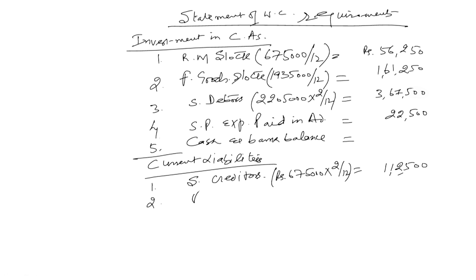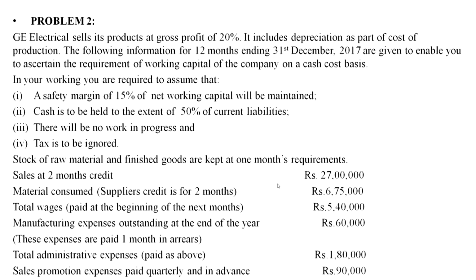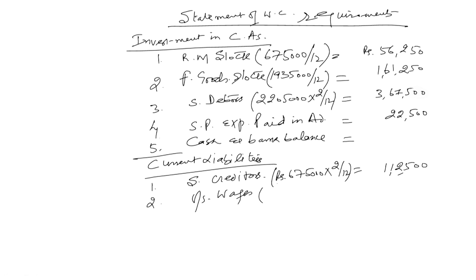The next item is the outstanding wages. Wages we are also paying after a lag of some time. Total wages are paid at the beginning of the next month, which means we are getting credit of 1 month. Normally we get the credit of wages for a period of 1 month.